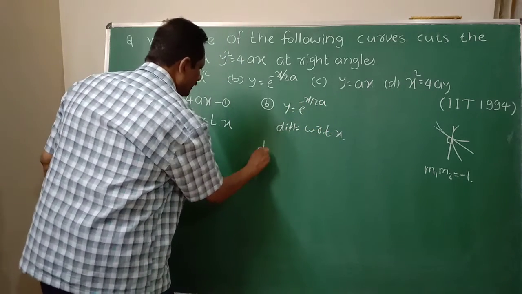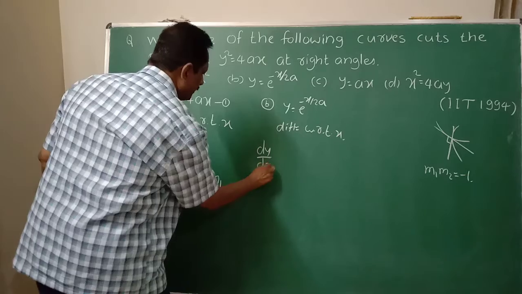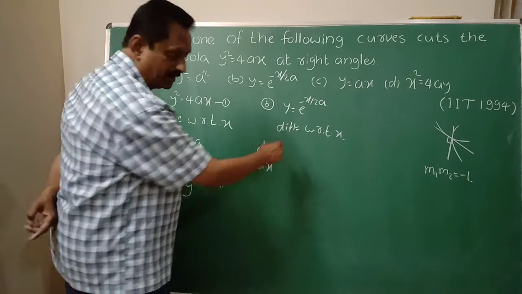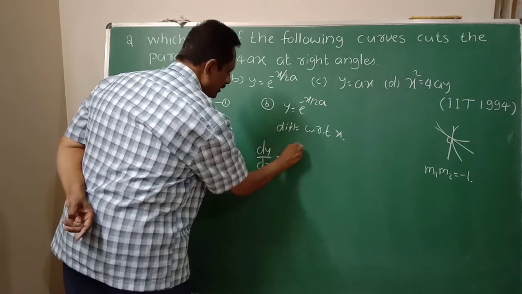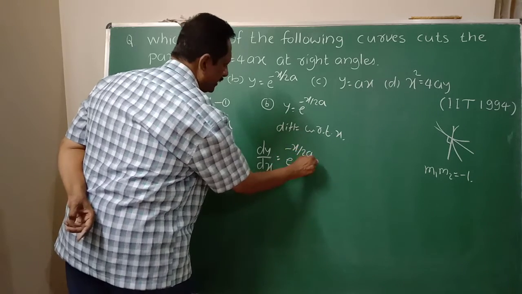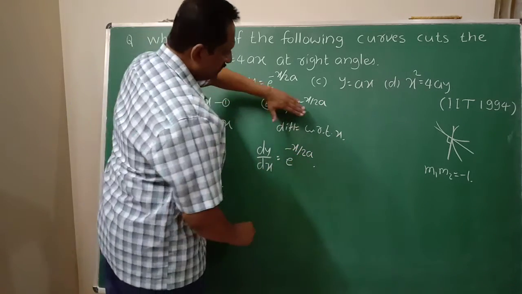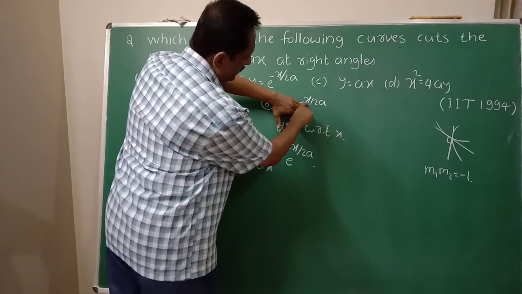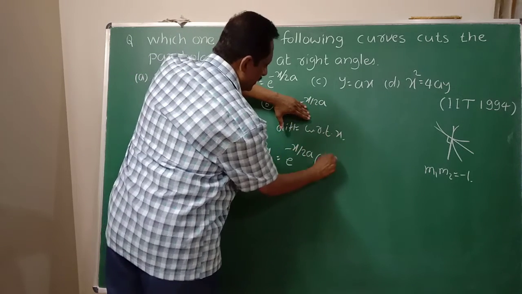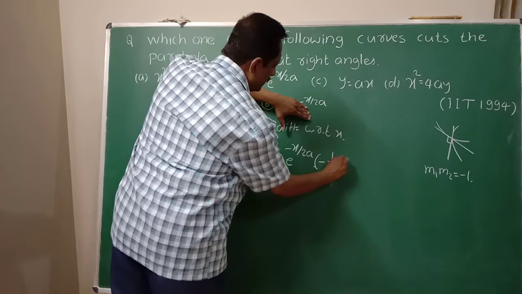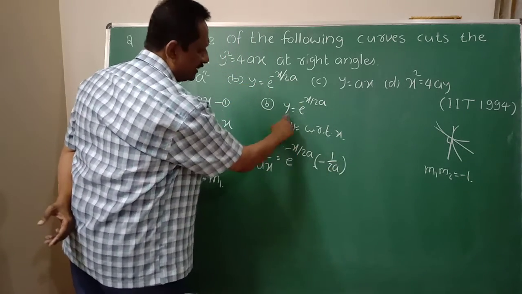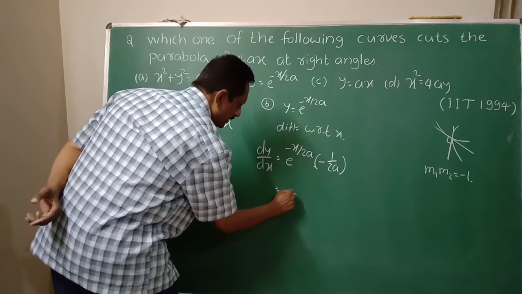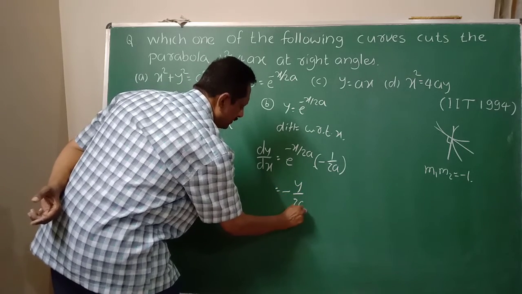Hence dy upon dx is equal to e raised to minus x divided by 2a into the differentiation of minus x upon 2a, which is minus of 1 divided by 2a. And obviously e raised to minus x divided by 2a is the given curve y. Therefore it is minus of y divided by 2a.